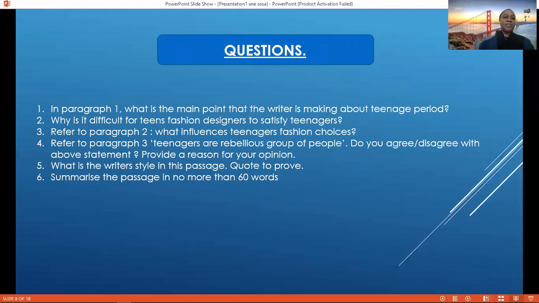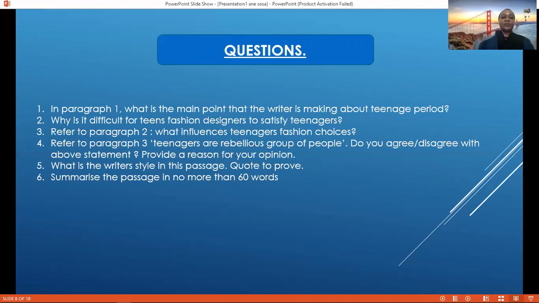Question 1. In paragraph 1, what is the main point that the writer is making about the teenage period? That one is a factual question. As you can see, you need to refer to paragraph 1, and by so doing, you will find the information stated explicitly there.